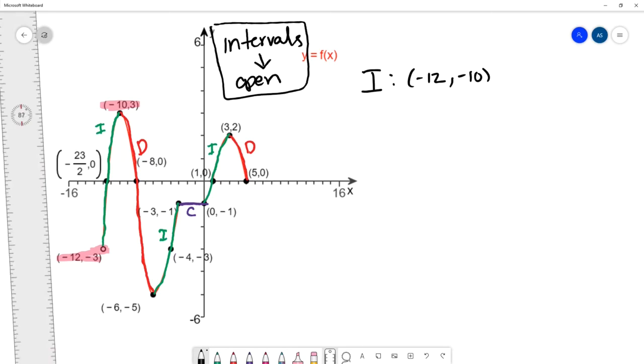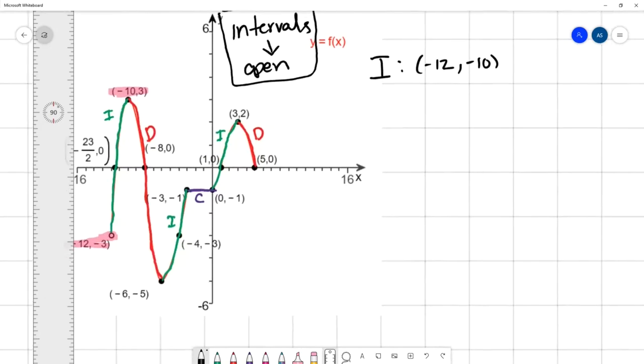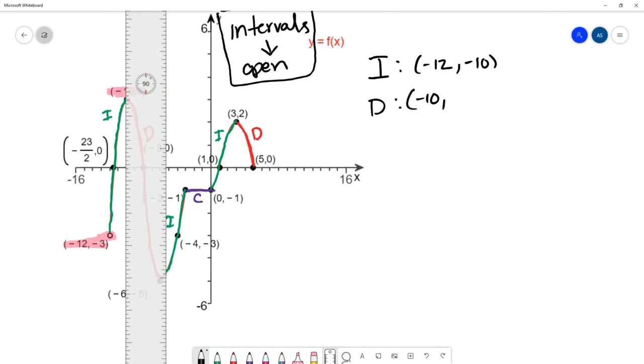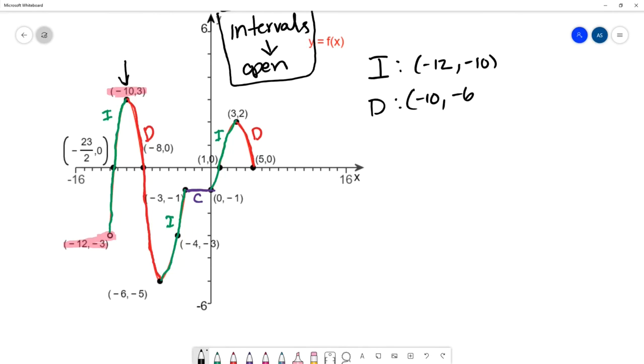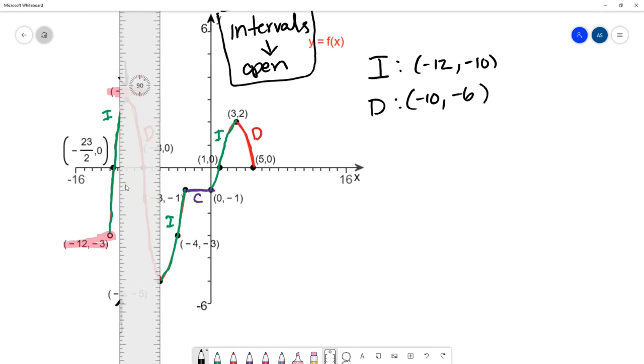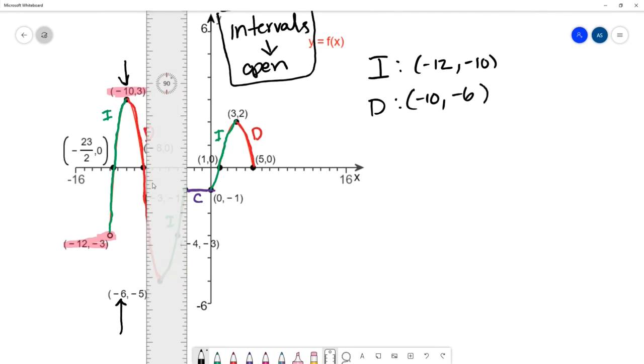So the next interval that we have is a decreasing interval. And this interval would start at an x value of -10 and stop at an x value of -6. So this x value to this x value. The next interval is an increasing interval, and it's starting at an x of -6 and stopping at an x of -3.